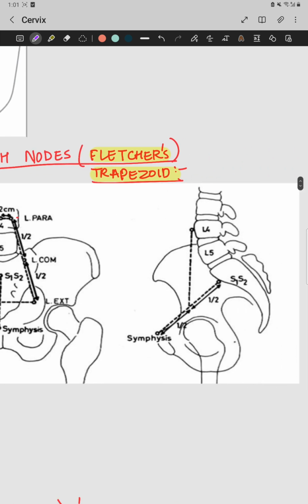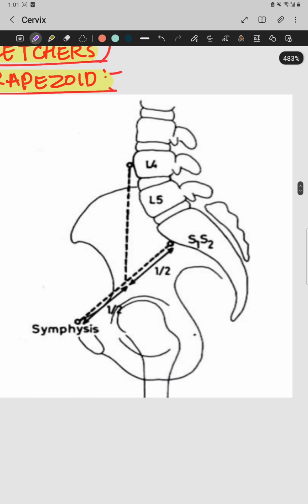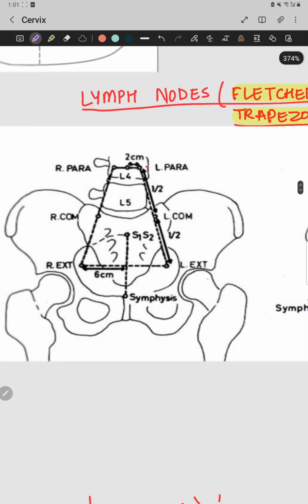Okay, so first how do we come here? Here we have to mark the L5 midpoint, and here this is the S2 S3 junction, and this is the pubic symphysis. Join a line from S1 S2 to the pubic symphysis. To the midpoint of this you need to join a line from L4. At this point you need to come to the AP.